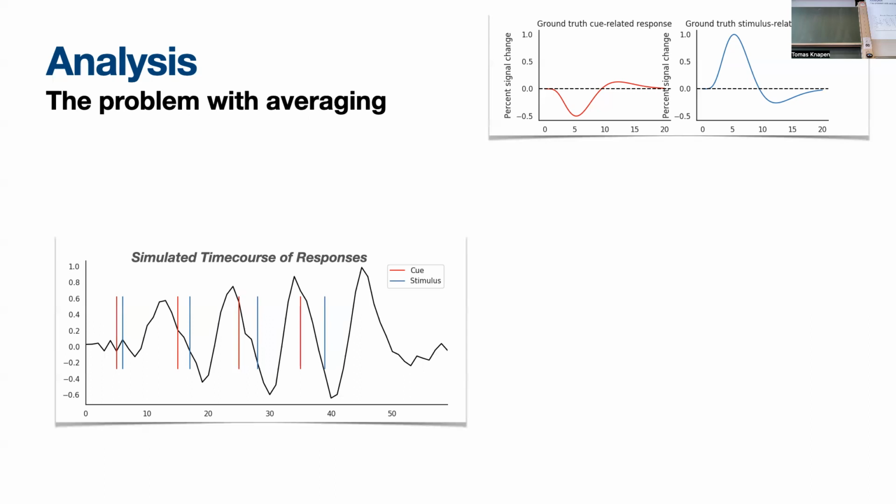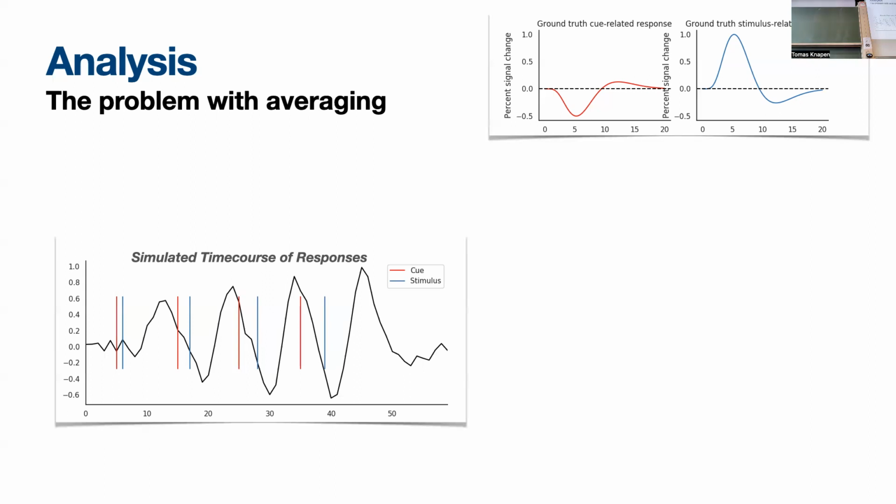I can just take their responses and then average them together. So what you see here is that you get this beautifully weird response. We've also added a bit of noise to make it look realistic, like actual data. Who knows whether this is actual data? I do, as a simulation. So you get this beautiful wavy pattern in the bold response.